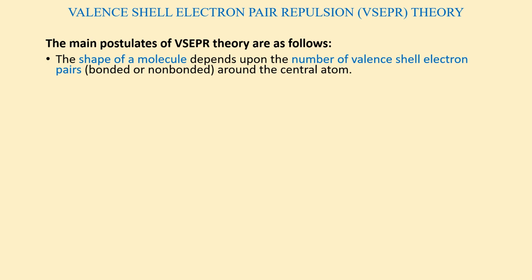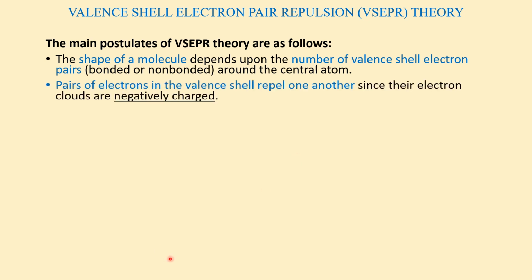The shape of a molecule depends upon the number of valence shell electron pairs. Please note, the shape of a molecule depends on the number of valence shell electron pairs, which may be either bonded or non-bonded around a central atom. Pairs of electrons in the valence shell repel one another since their electron clouds are negatively charged.